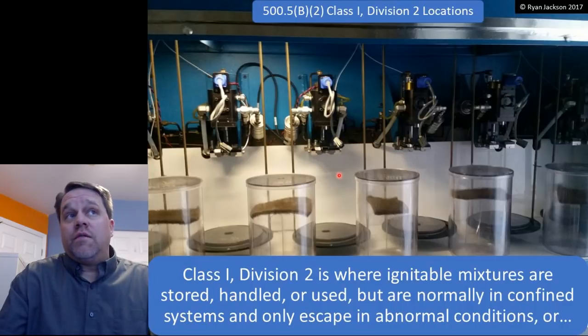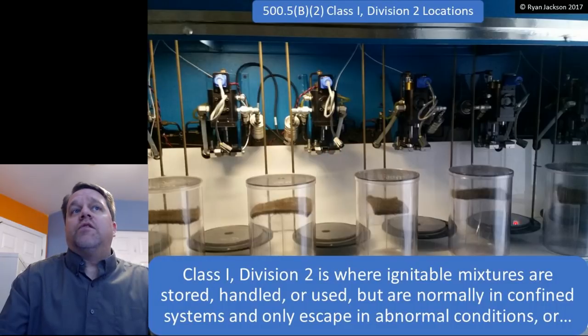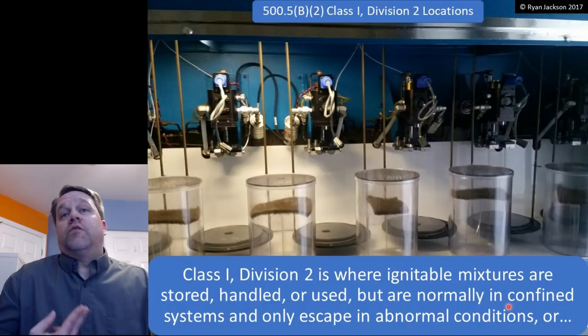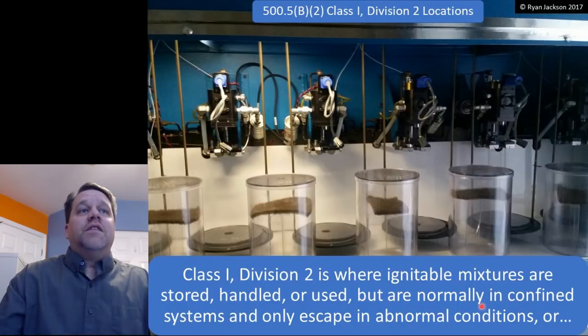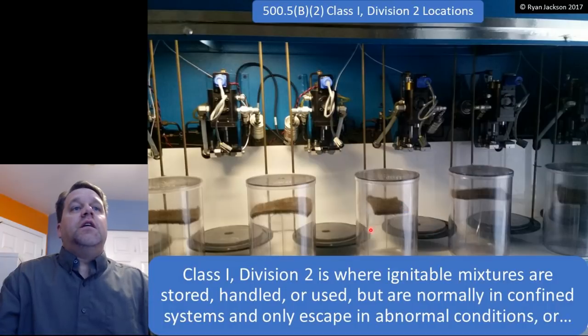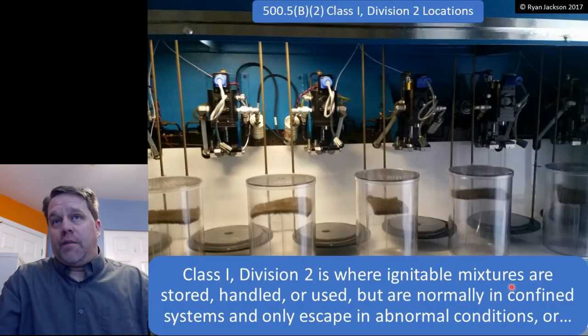Maybe inside of the plexiglass is a Class 1 Division 1. But outside of the plexiglass, where a person might be standing, that would be a Class 1 Division 2, because the ignitable mixture inside that unit is in a confined system, and it only escapes in abnormal conditions.